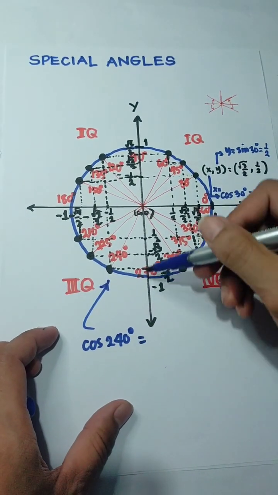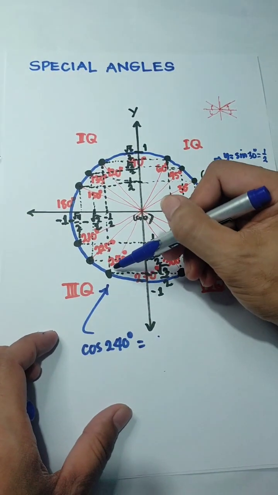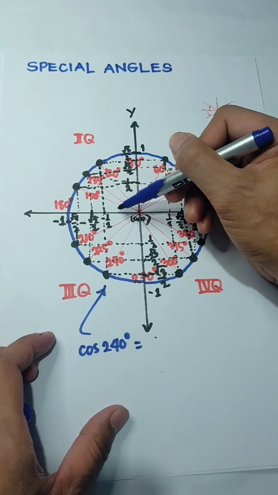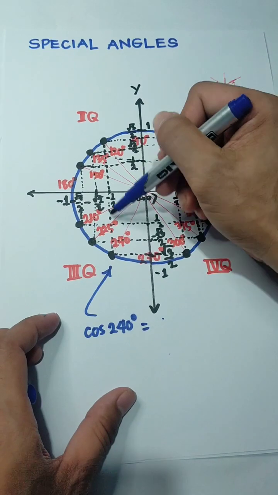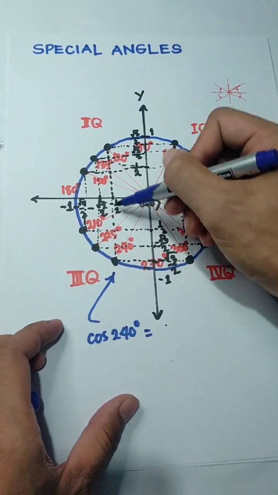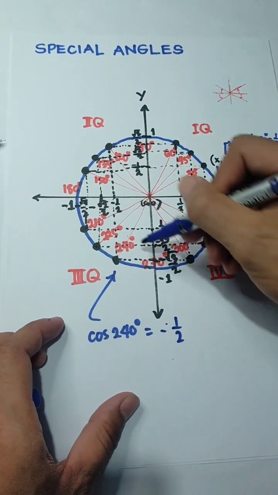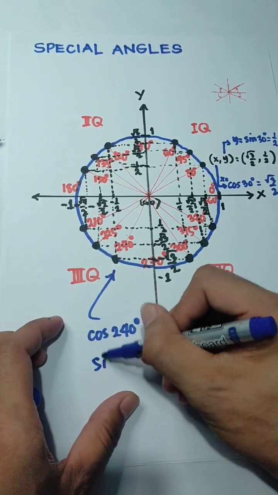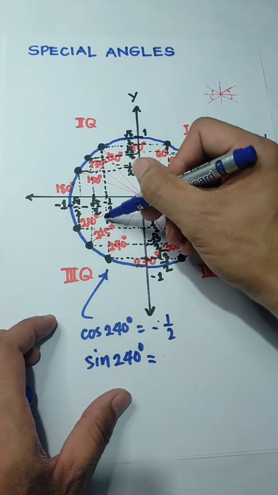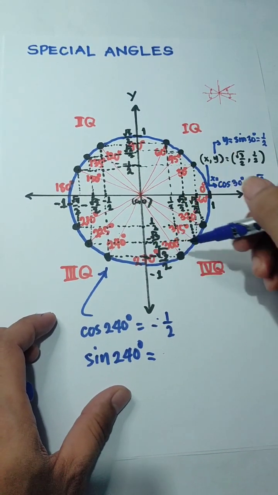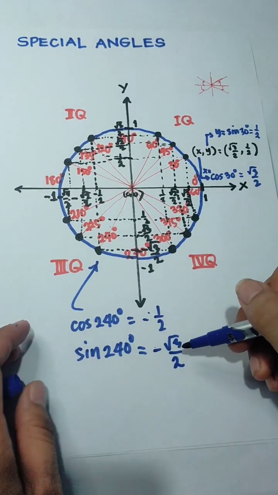Cosine of 240 degrees is just the x value, which is the 60 degrees of our third quadrant, or 240 degrees in standard angle. So that is negative 1/2. That's the x value. And for the sine of 240 degrees, that's the y value, which is negative square root of 3 over 2.